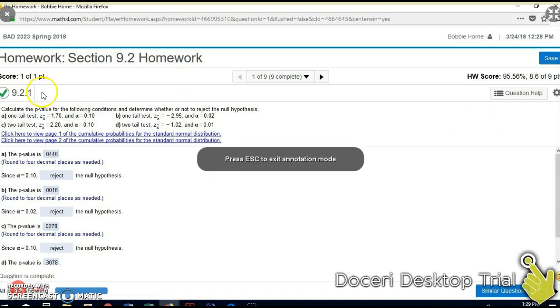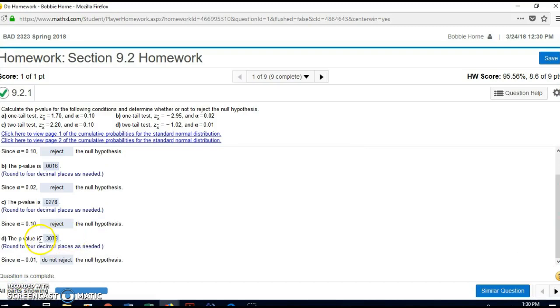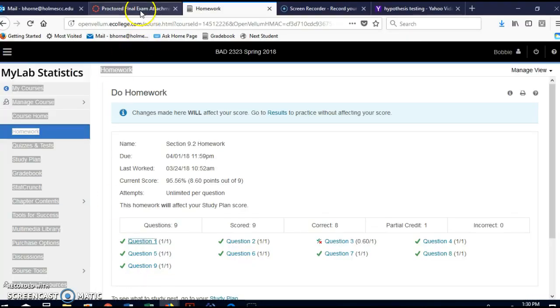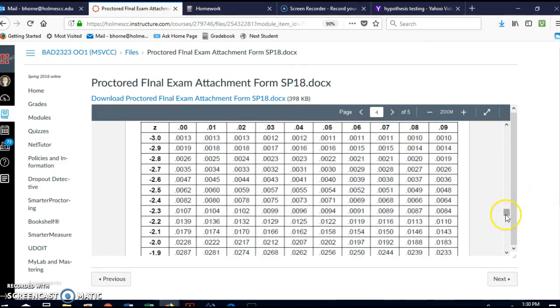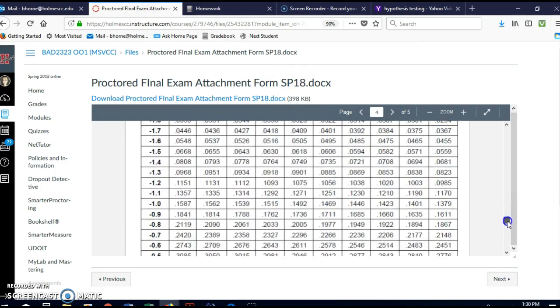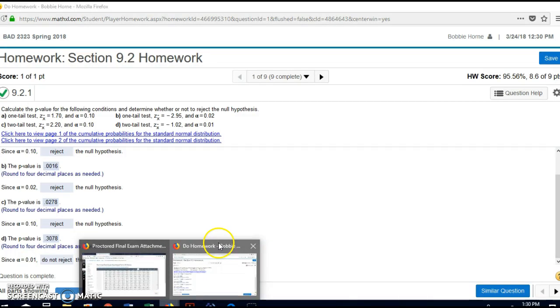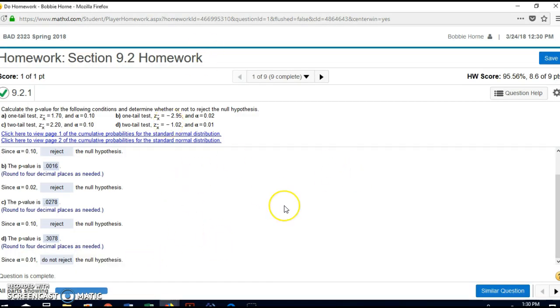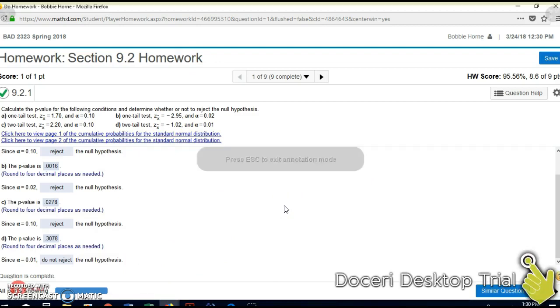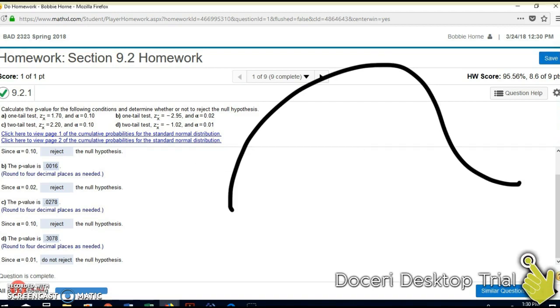Okay, moving on down. For the last one, we have to find the two-tail test, negative 1.02. If you look up negative 1.02, you will see it's 0.1539. Think about it like this for a second. It's a two-tail test, and we have negative 1.02.